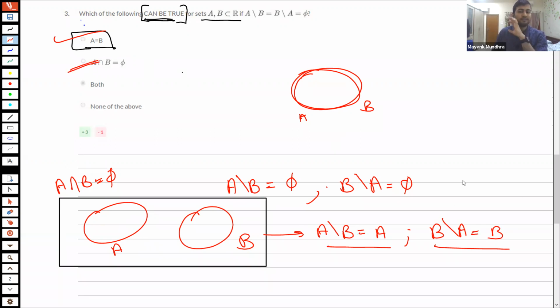Now you could have a very extreme case where both A and B are null sets.